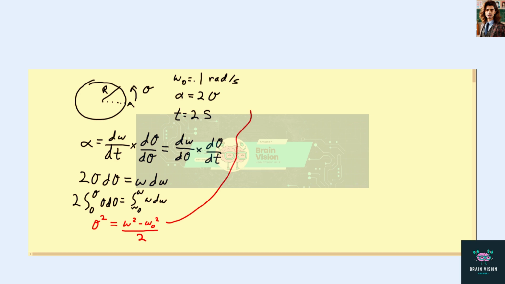So to do that, I'm going to move back up to the right here. I draw an arrow just showing that. We have omega equals the square root of omega naught squared plus 2 times theta squared. We can rewrite omega then as d theta dt.